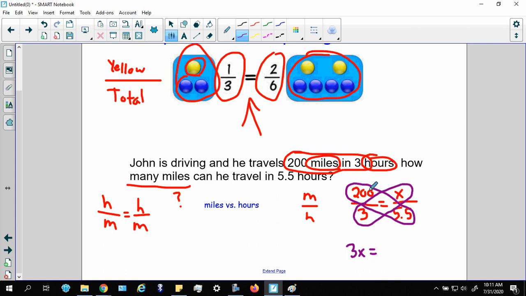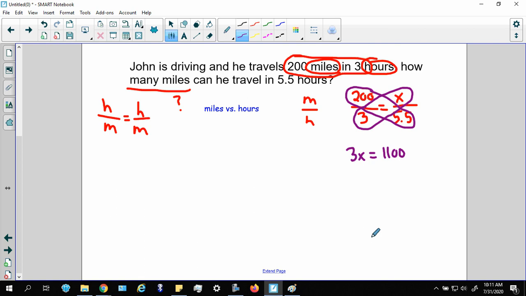Yep, that's what I thought it was: 1,100. From here it's basic 9th grade algebra, really more like 7th grade. We'll divide by 3, and we get our number of miles. It's going to be a decimal, so we're just going to round to the nearest whole: 367 miles.